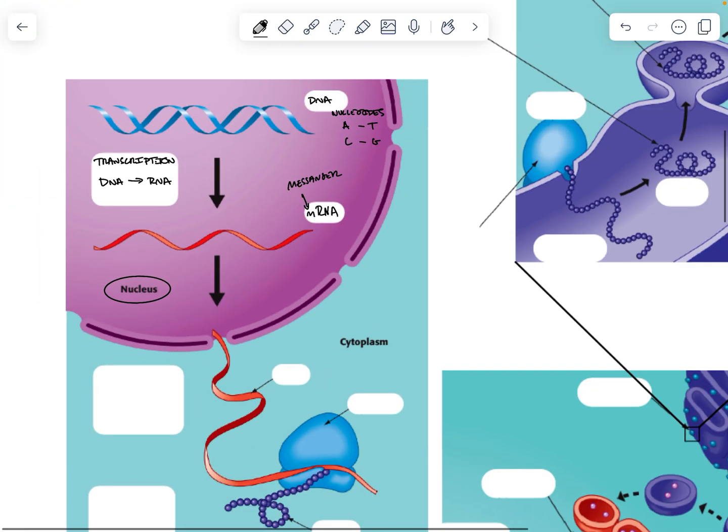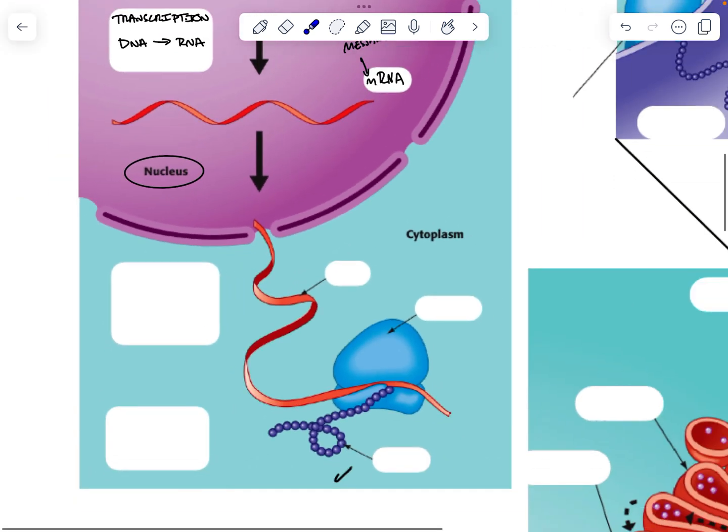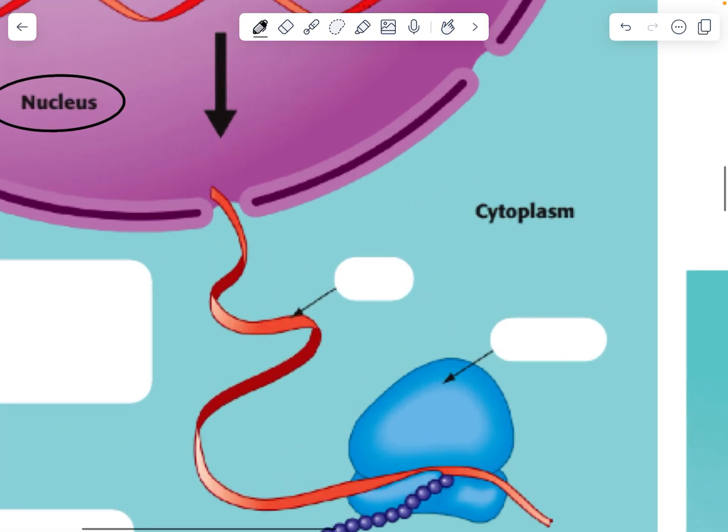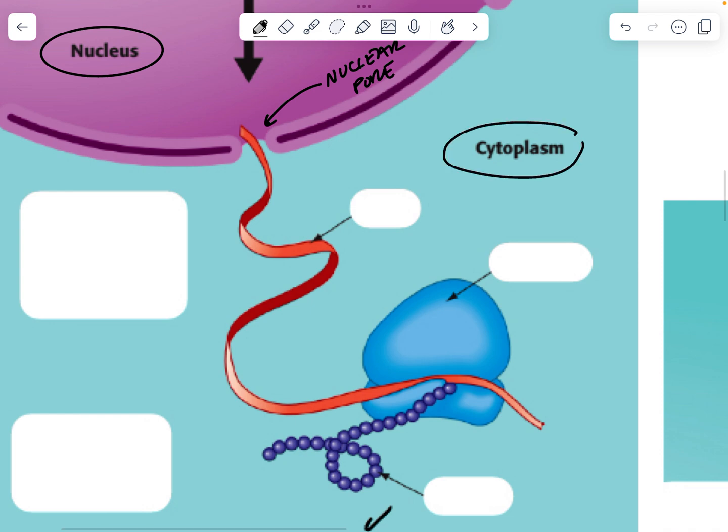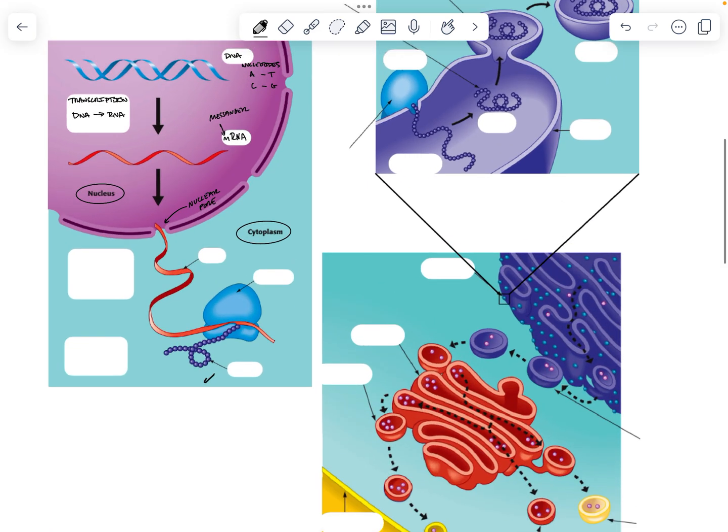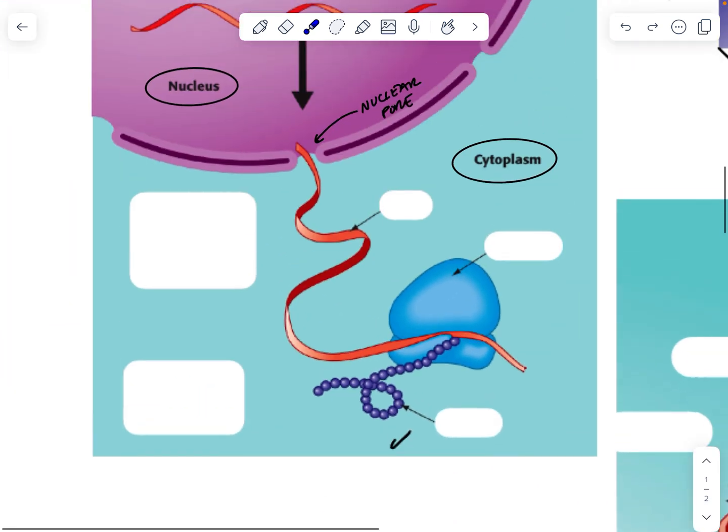It's going to bring the message of what's encoded in the DNA out of the nucleus. So the mRNA is exported out through a structure called the nuclear pore into the cytoplasm. It's still an mRNA.